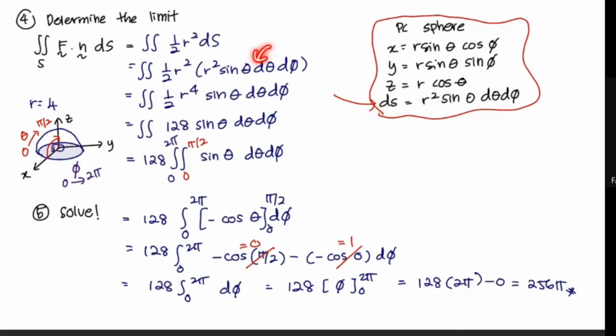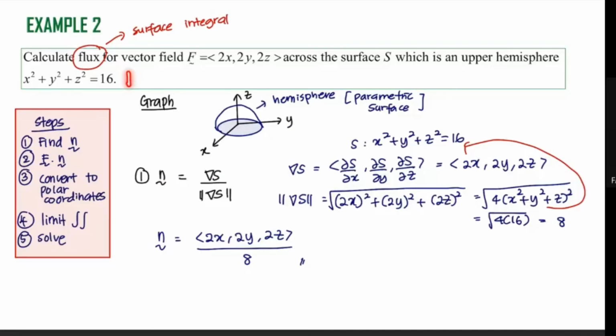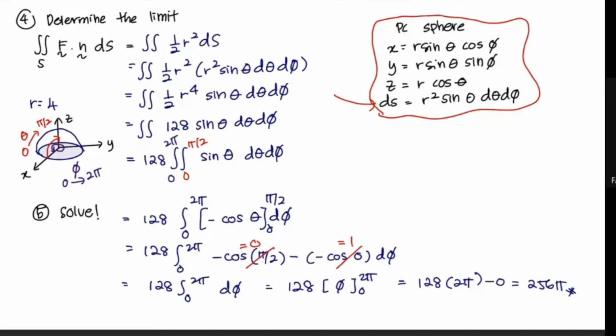Just substitute here and then simplify. You put the value of r. Here r equals 4, so this is r square. Substitute r equal to 4 in the equation, and you get 128 sin theta d phi. And then you simplify.